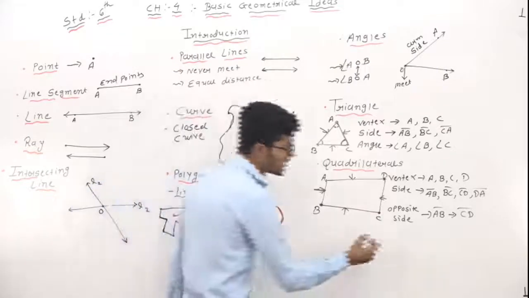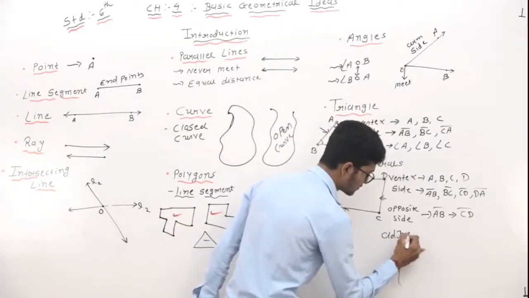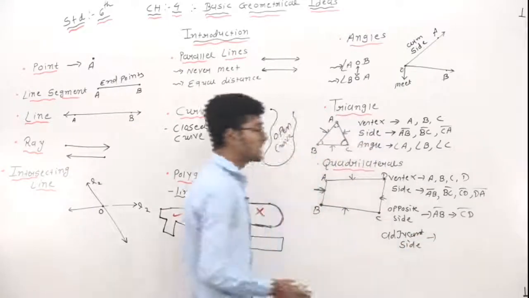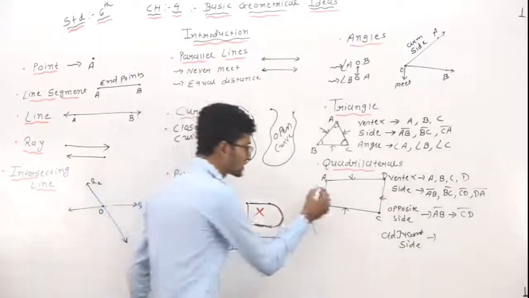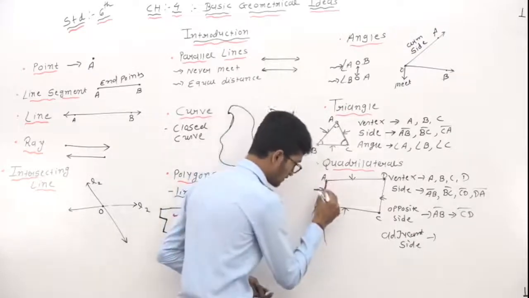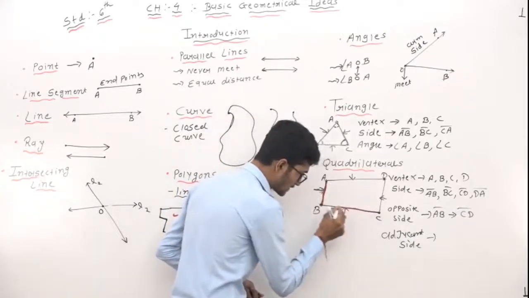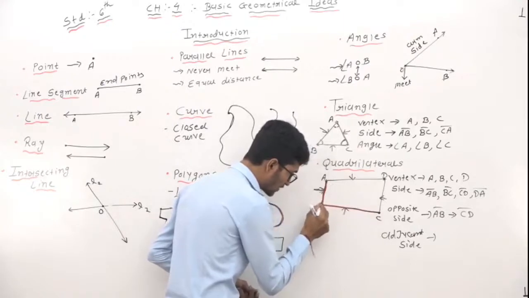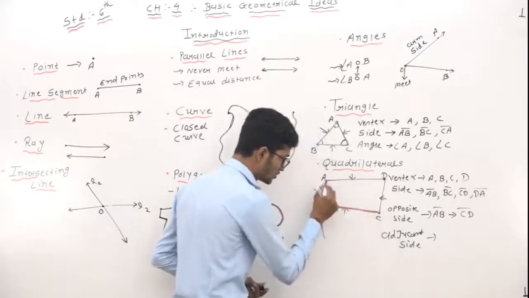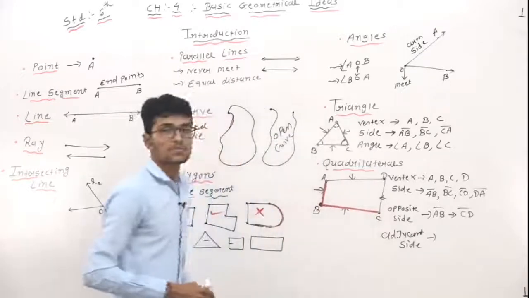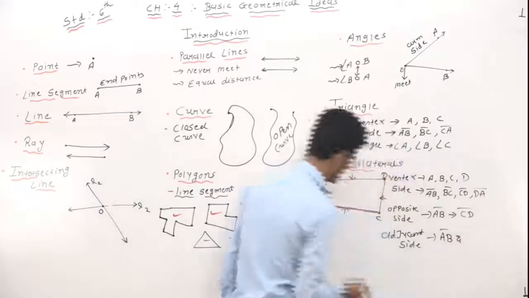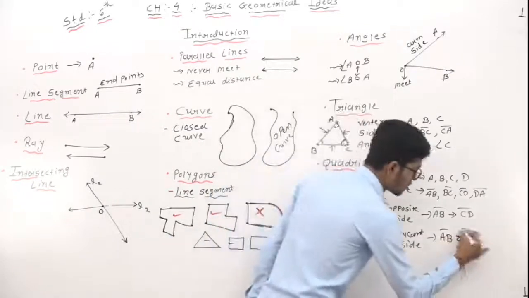Then after that, the adjacent sides. What are adjacent sides? Take these two sides, this side and this side. These two sides meet at one vertex, so these two sides are adjacent sides. Adjacent sides AB and BC: one point is common.